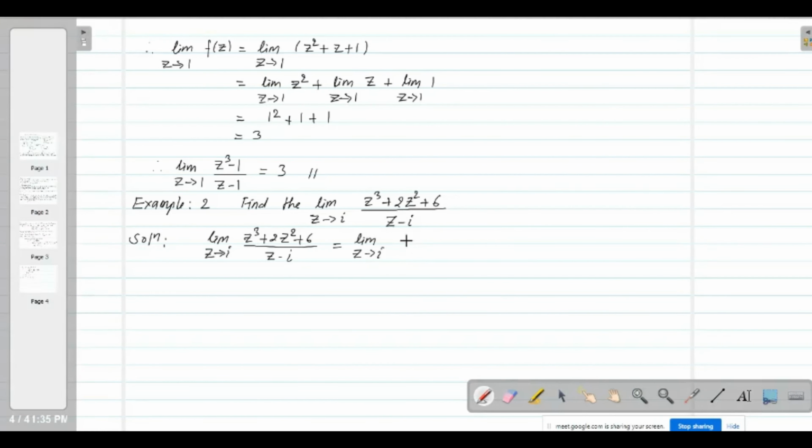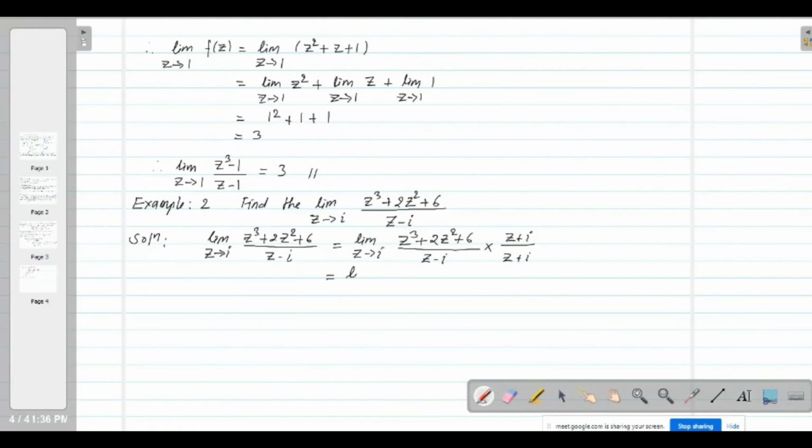So we have z cubed plus 2z squared plus 6, divided by z minus i. Here we write z plus i and z plus i, this is the multiplication.